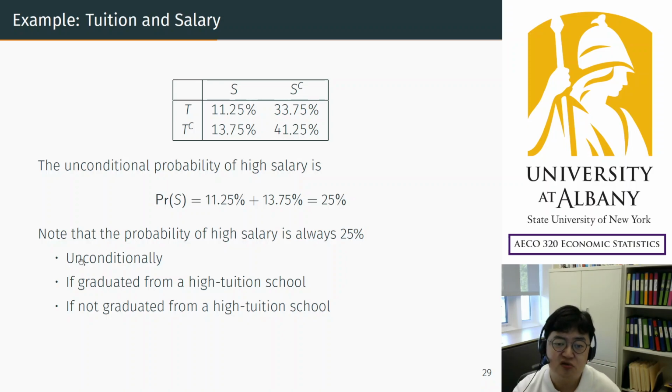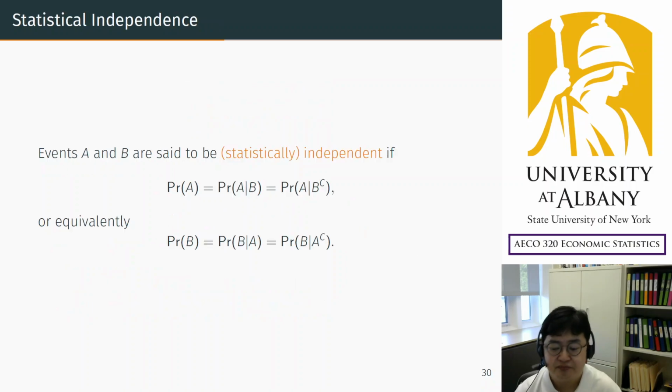So unconditionally, the probability will be the same. This is a special case. We say that those two events are statistically independent if one does not affect the chance of the other, right? So mathematically, you can think this way.